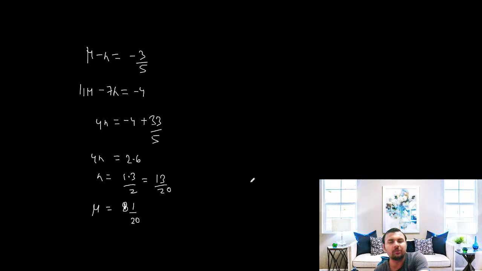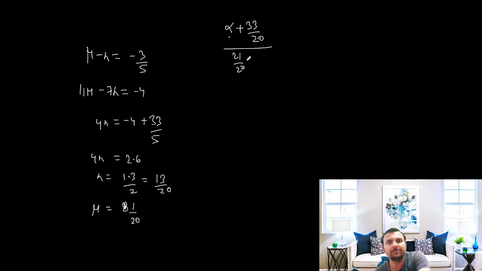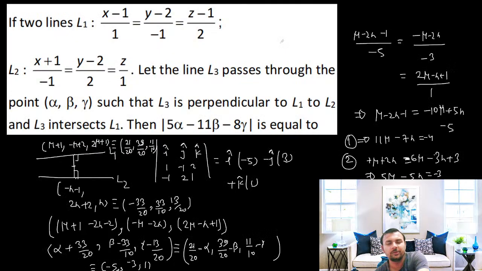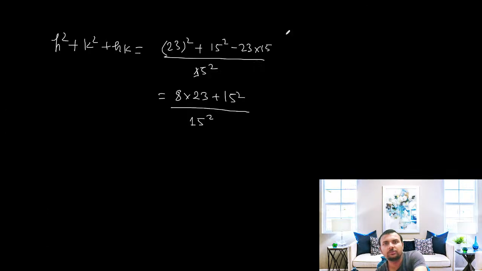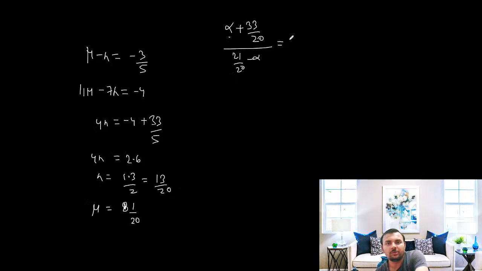So they are in ratio. How should we proceed? We should say that (alpha + 33/20) upon (21/20 - alpha) is equal to... So all the ratios are same.